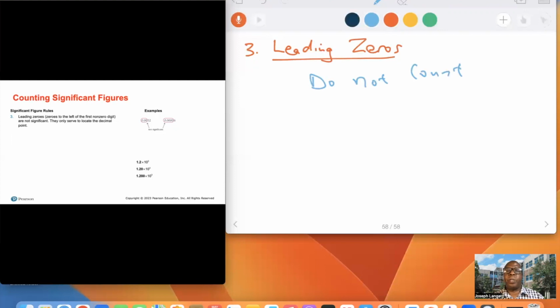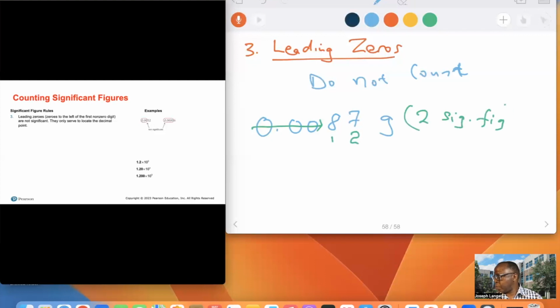How will I know that I need to omit the leading zeros? If I have a number 0.0087 grams, these are leading zeros. You start counting at 8: 1, 2. This has 2 significant figures.